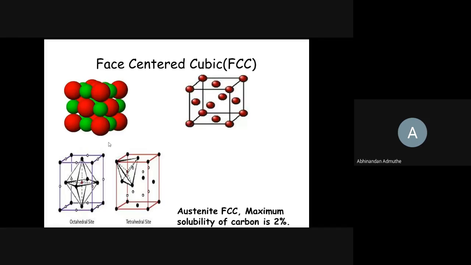In the case of face-centered cubic structure, again we have two sites, octahedral sites and tetrahedral sites. The maximum solubility of carbon here is about 2%, at 1147 degrees centigrade. As you can see here, this is the location of carbon in the face-centered cubic structure, and this site we call the octahedral site.